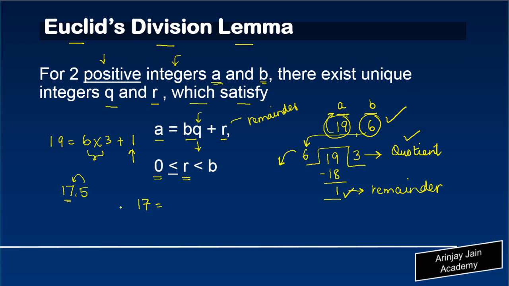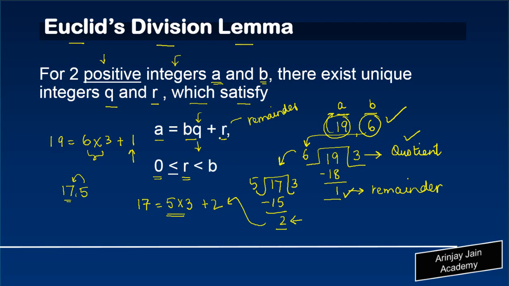Now 20 is more than 17. So we just write 5 times 3, which is 15, and if I subtract 15 from 17, I get 2. The remainder is 2.